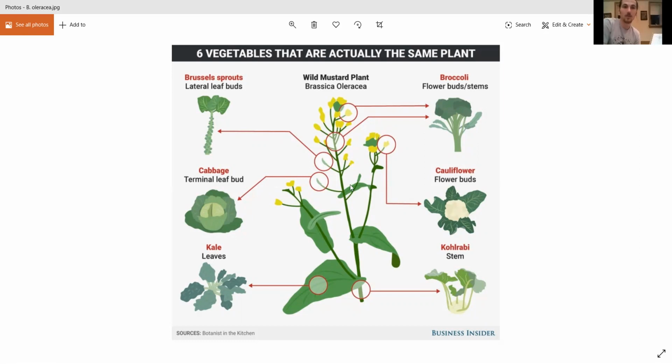I will point out in this nice visual that I found, it's a great visual source for anybody that wants to understand this idea. But if we want to be technical here, when we're doing this scientific naming, this binomial nomenclature, where we have the genus Brassica and we have the species oleracea, technically you never capitalize the species name.